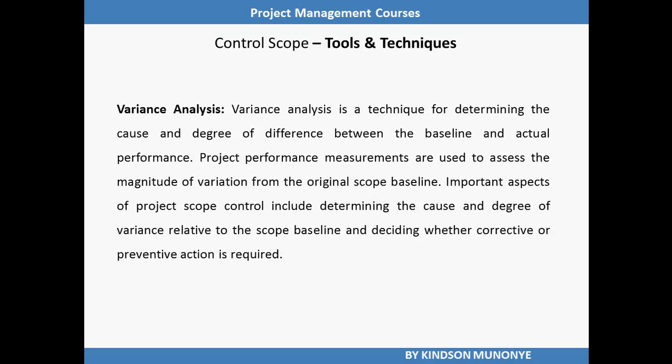Just as a reminder, variance analysis tries to check the deviation of the actual performance to the laid out baseline in the project management plan. This deviation is monitored and controlled during the control scope process.